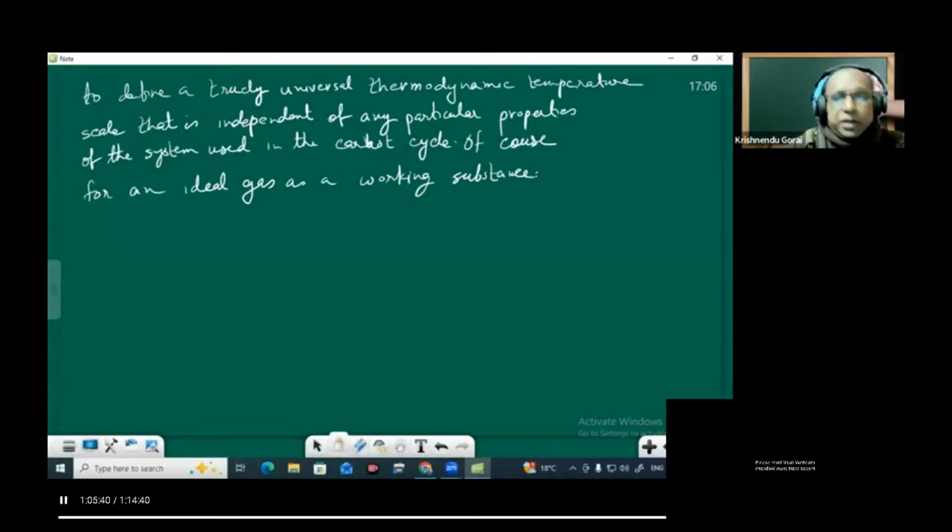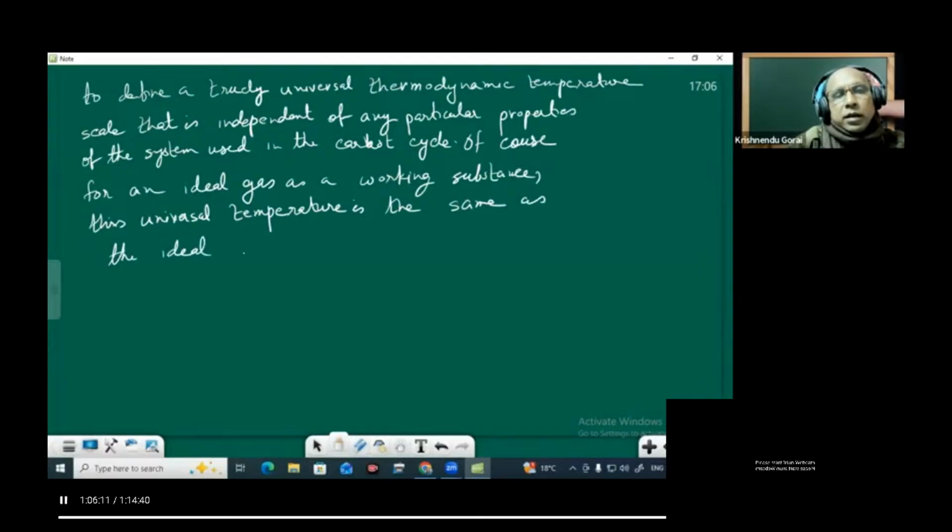So this universal temperature is the same as the ideal gas temperature.